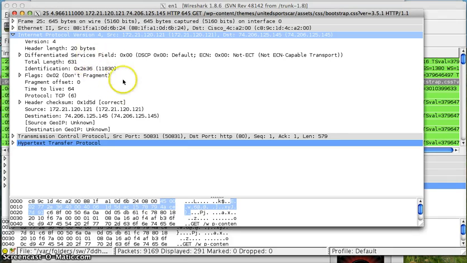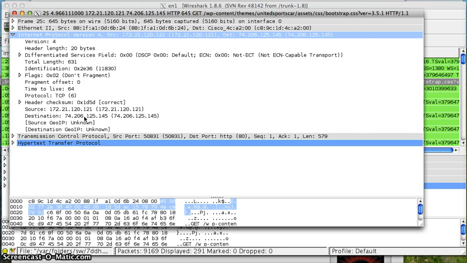So all this stuff's in the IP packet header to make sure the data is getting to the right network so it can get delivered eventually to the right node. So in here I start seeing source IP address, destination IP address. And that way, as this packet is getting moved through the network, a router can pick that up and go, oh, I know where the 74206 network is. Go this way, you'll get there.